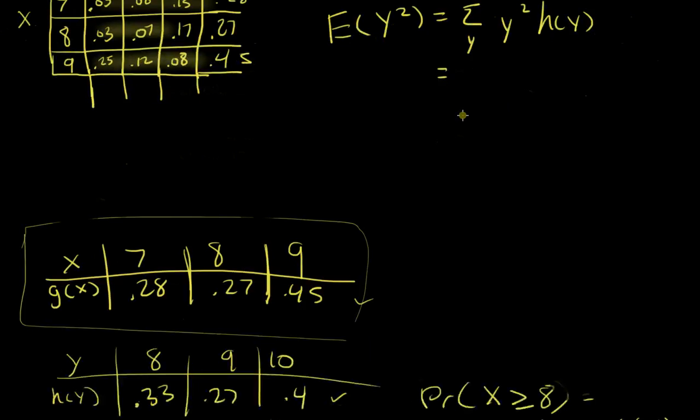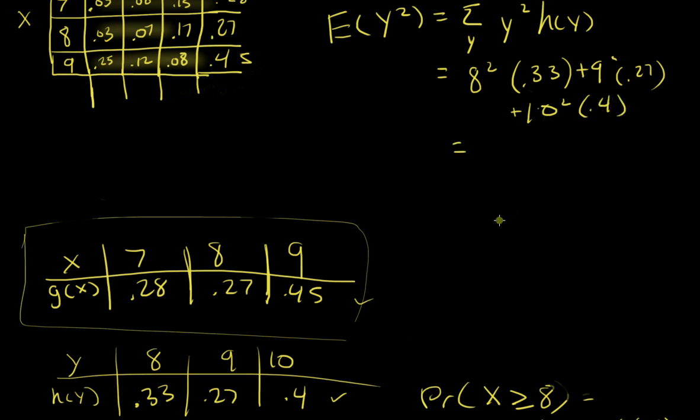So y takes the values 8 squared times 0.33, 9 squared times 0.27, 10 squared times 0.4. I'll pull out my calculator. That's 64 times 0.33 plus 81 times 0.27 plus 100 times 0.4. I get 82.99.